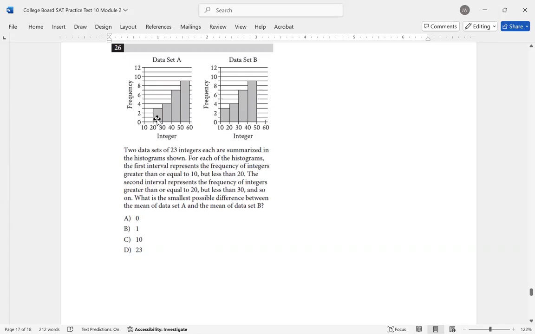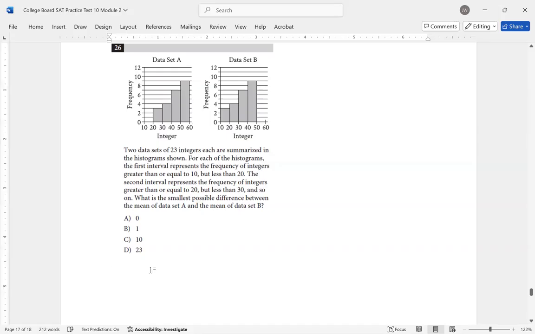And you can see that the size of these bars are the same, but just shifted over one category. But remember, each of these categories stands for all numbers between 20 and 30, or from 20 to less than 30, from 30 to less than 40, and so on and so forth.